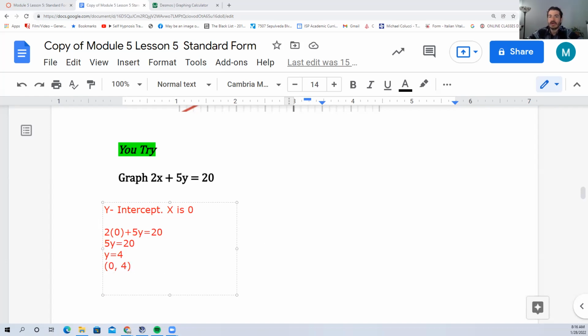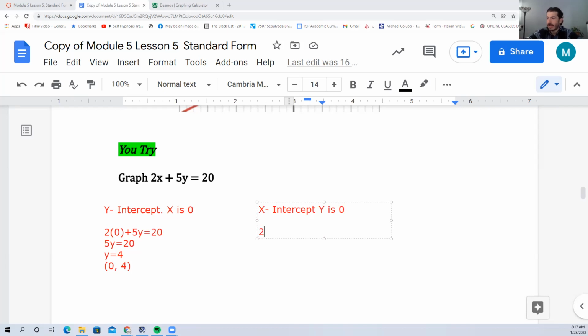Can I do that? Will it go up? No, probably won't. Okay, let's just do it over here. X-intercept: y is 0.